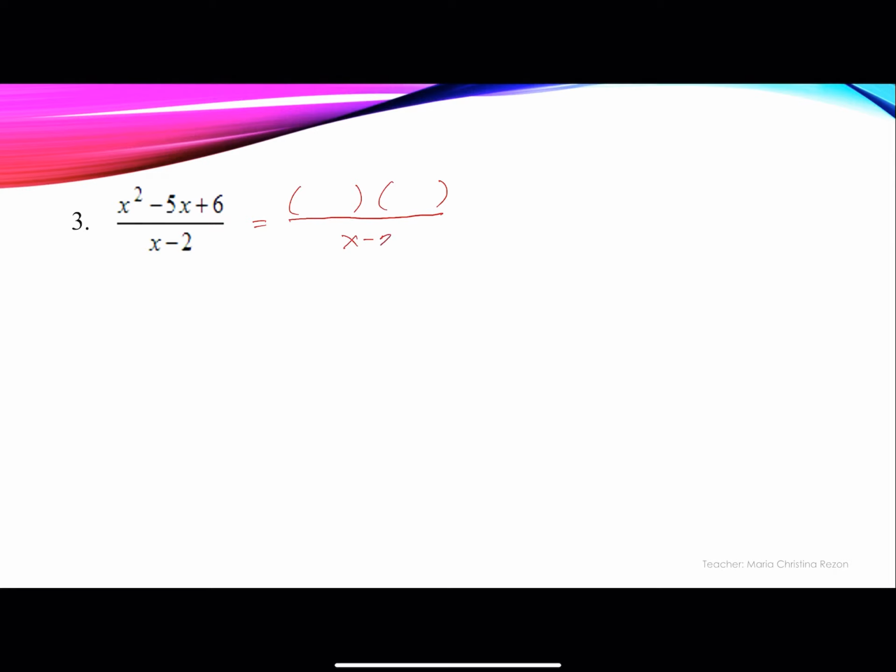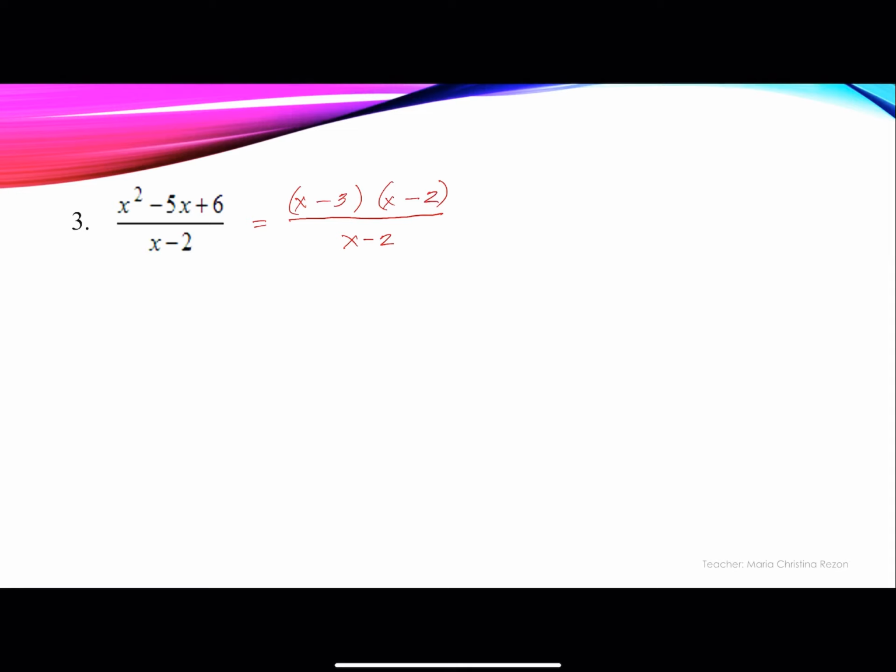What are the factors of the first term? You have x. And then the sign must be the same because you have positive here. And since the middle term is negative, both are negative. And what are the factors of 6 that when you add or subtract give you negative 5? That must be 3 and 2.